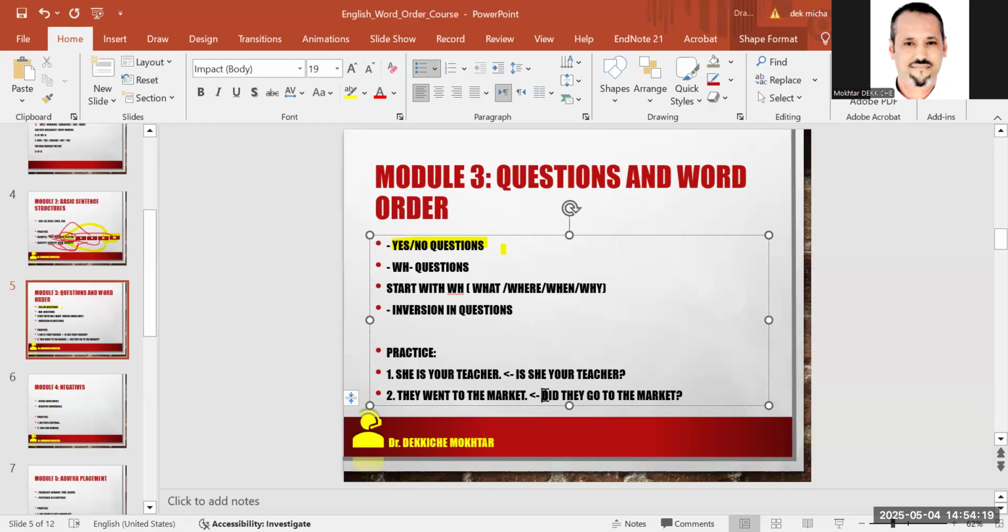We add "did", the auxiliary verb, then the subject, then "go to the market." And there is a trick. You say "they went" in the past, but why do we use the present simple here?